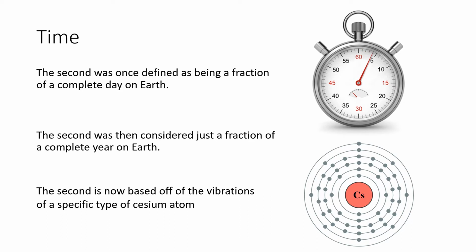And we're able to count, so, okay, when it oscillates, I'm just making up a number, 50 times, that's exactly 1 second. So as time progresses, so do our units. We have to constantly update them, but that's just so we can all agree on the same value for our measurements.